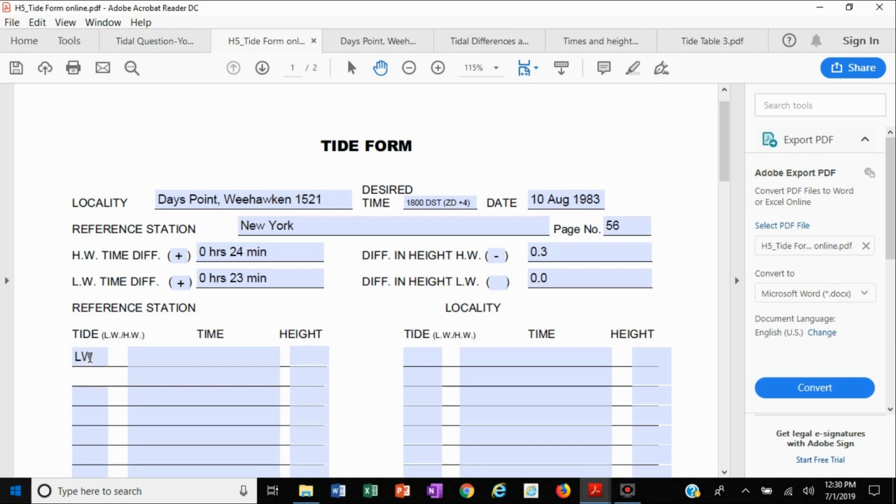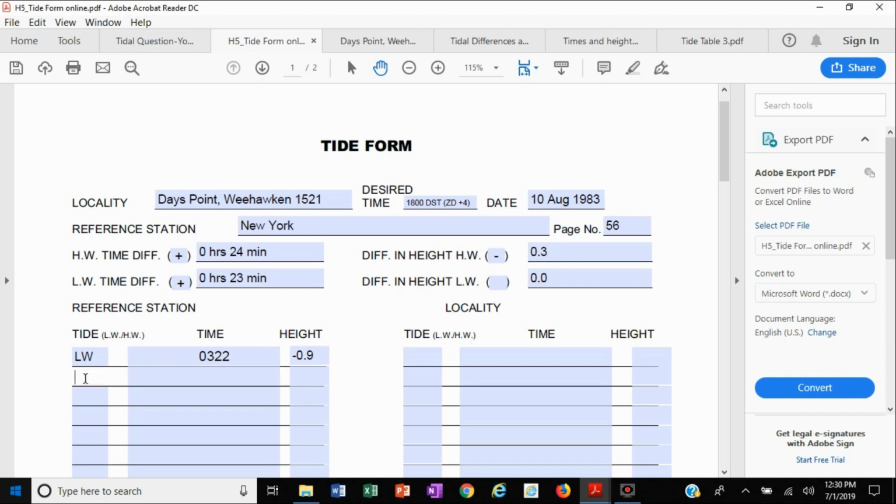That's a low water. And then the time is going to be 0322. And the height is negative 0.9. Okay.